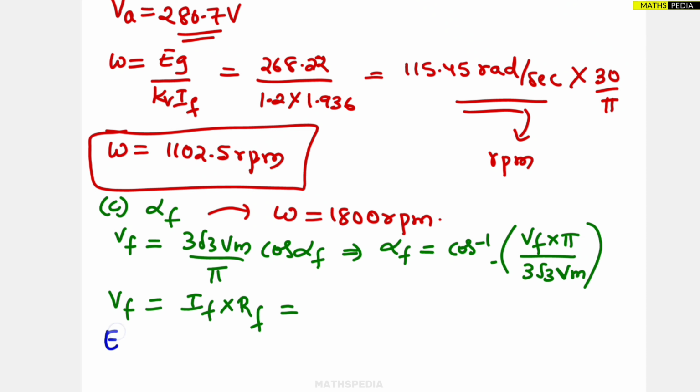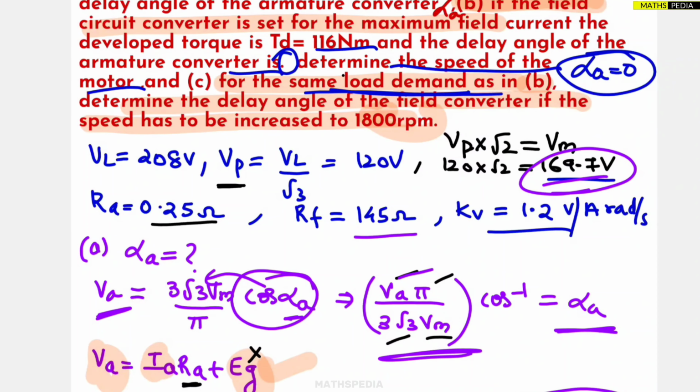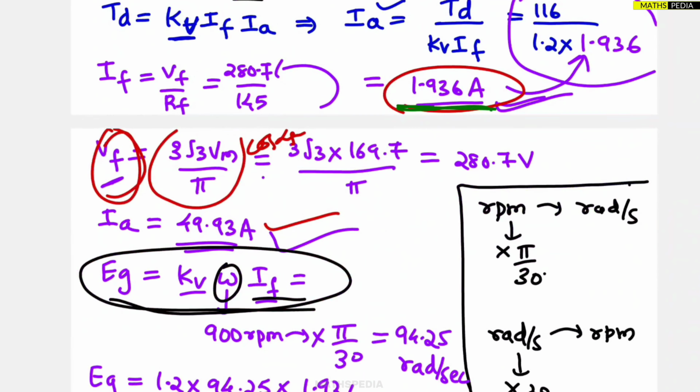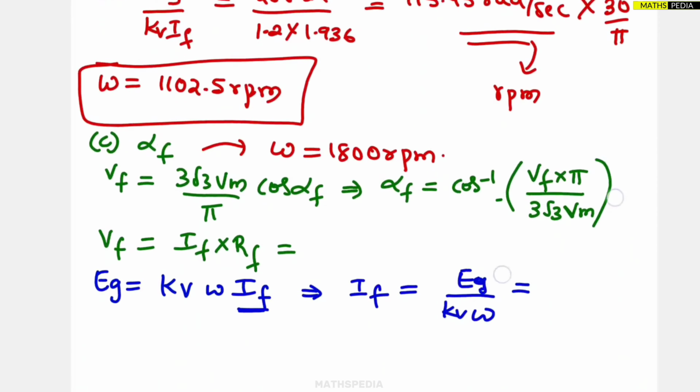Now Eg will remain the same. Whatever we calculated in the second part of the question, that only we have to take, because in the question they have said the same load demand as the B part. So the same thing we have to consider as in the B part.